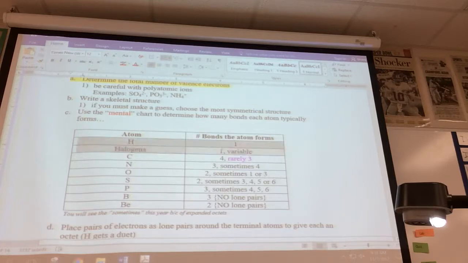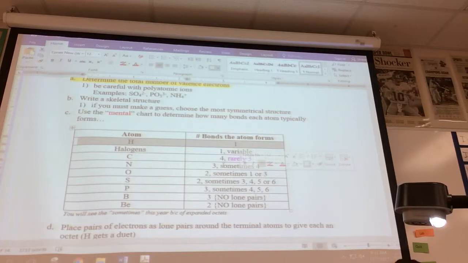Hydrogen only forms 1 bond. Hydrogen will always be a terminal atom. Please don't use hydrogen as a linker or a central atom. That is a recipe for disaster.